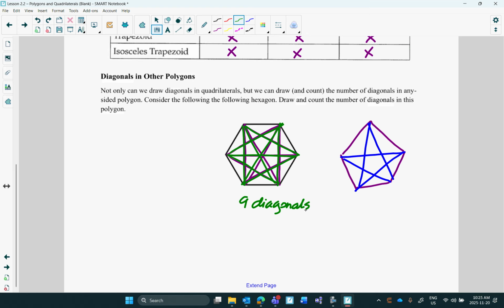I should be clear, when we talk about diagonals in a quadrilateral, they go from one opposite corner to another. But in any polygon besides a quadrilateral, like pentagon, hexagon, heptagon, etc., as long as you're not drawing to a consecutive angle, it's a diagonal.